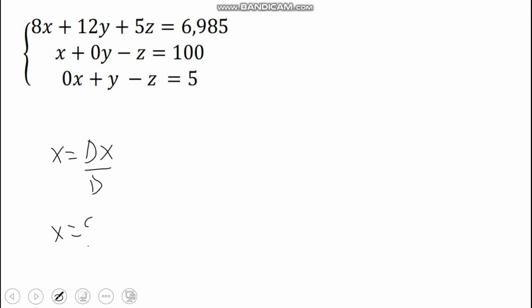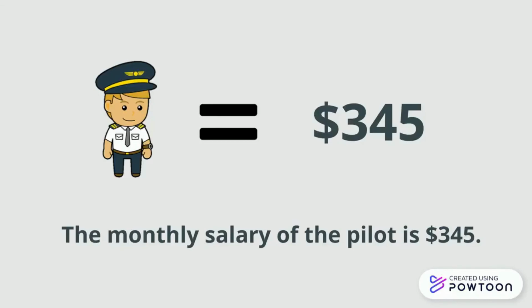So 8,625 divided by 25 gives us 345. This will be the salary of the pilot. So our final answer will be the monthly salary of the pilot is $345.